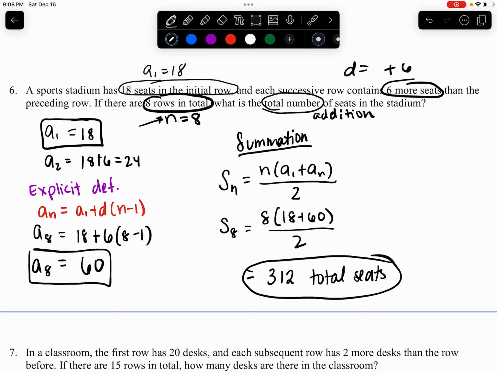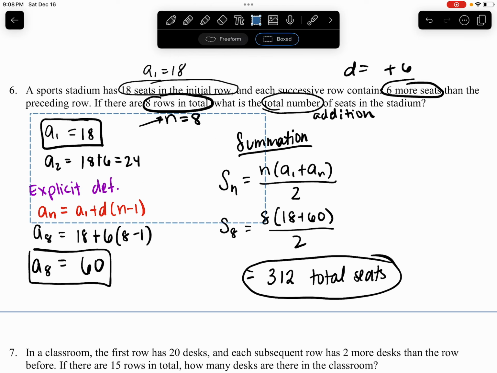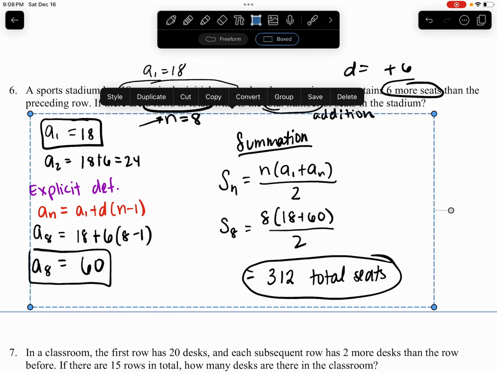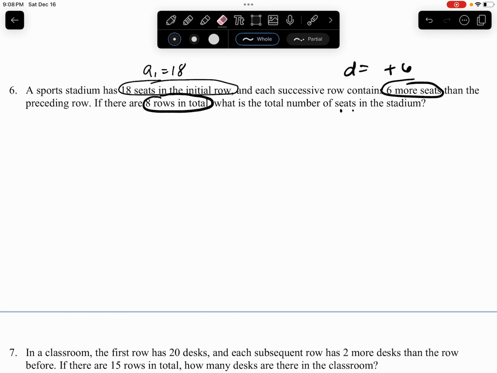Now let's prove that it's the same thing as adding every one of the rows. So we start with A1, which is 18. A2, which is 18 plus 6, which is 24.